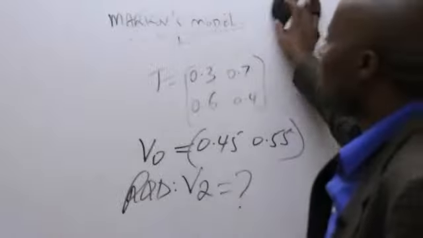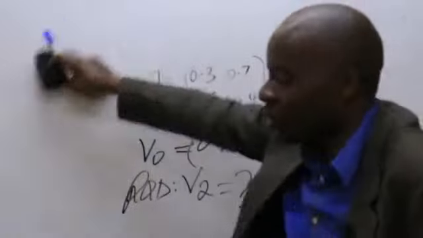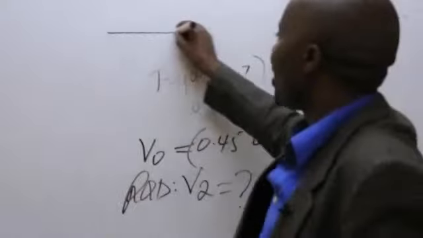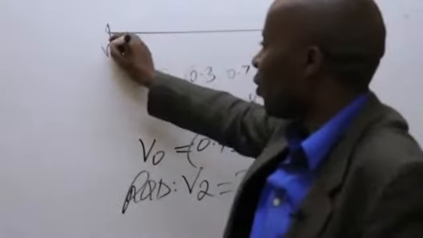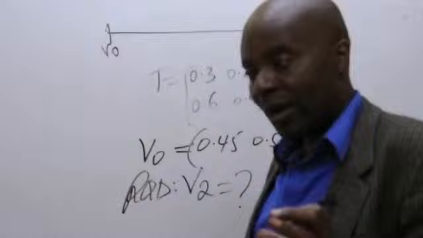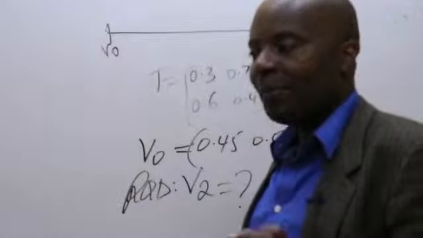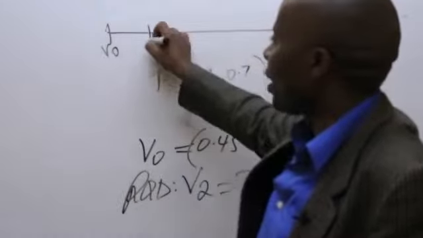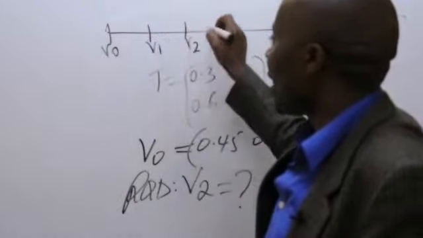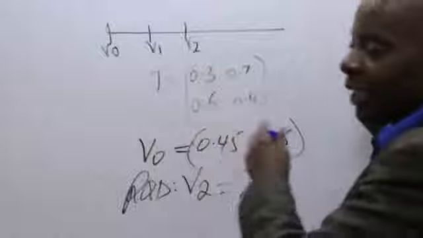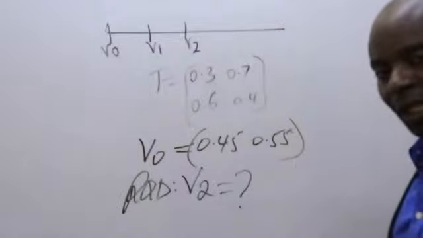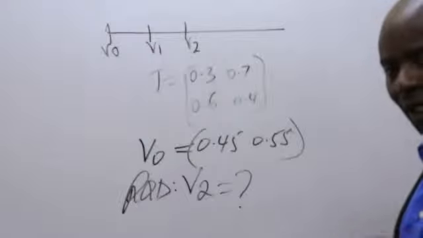This is very easy. Remember the Markovian chain link. The Markovian chain normally starts from vector 0. Remember the assumptions of Markov. We normally begin from vector 0, and after vector 0, we go to vector 1. Then from vector 1, we can go to vector 2 and other vectors, moving along that chain.